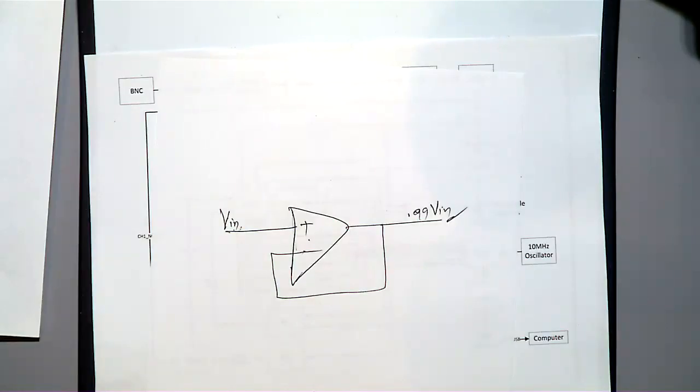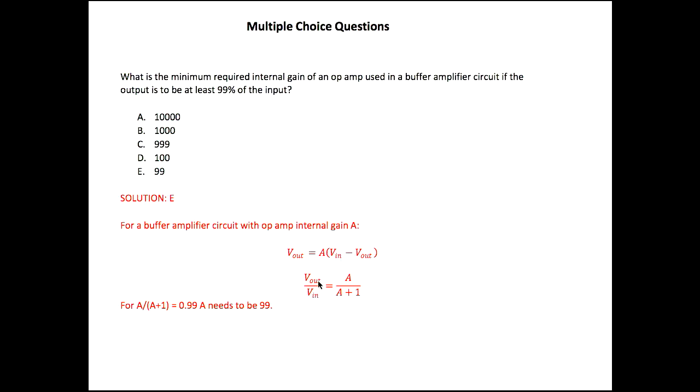So what is the solution? Your V out is equal to A times (V in minus V out). So V out by V in is equal to A by (1 plus A). So A by (1 plus A) equals 0.99. So it needs to be around 99. It's very simple.